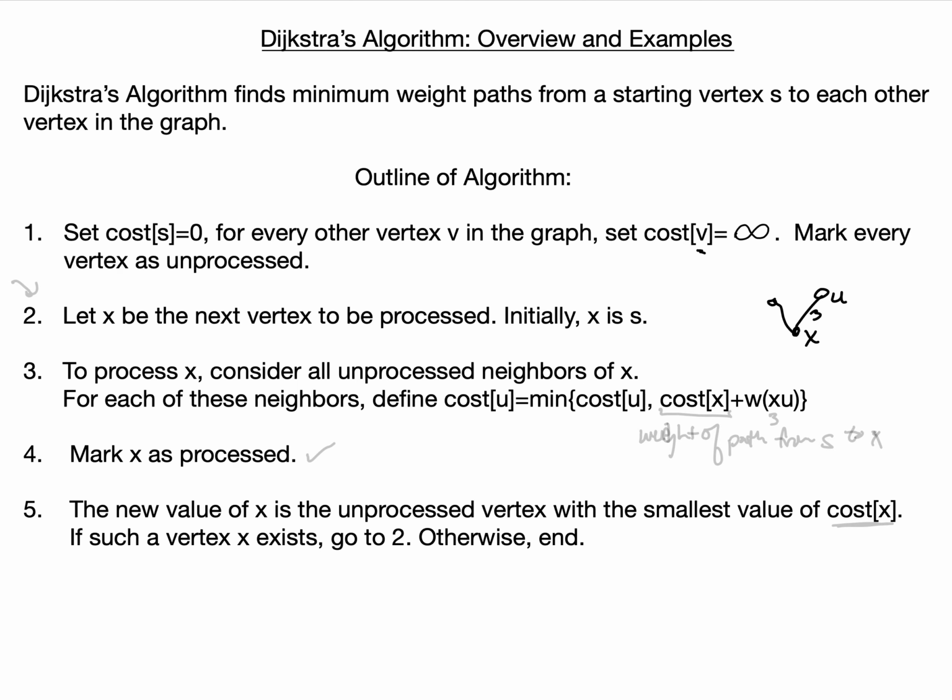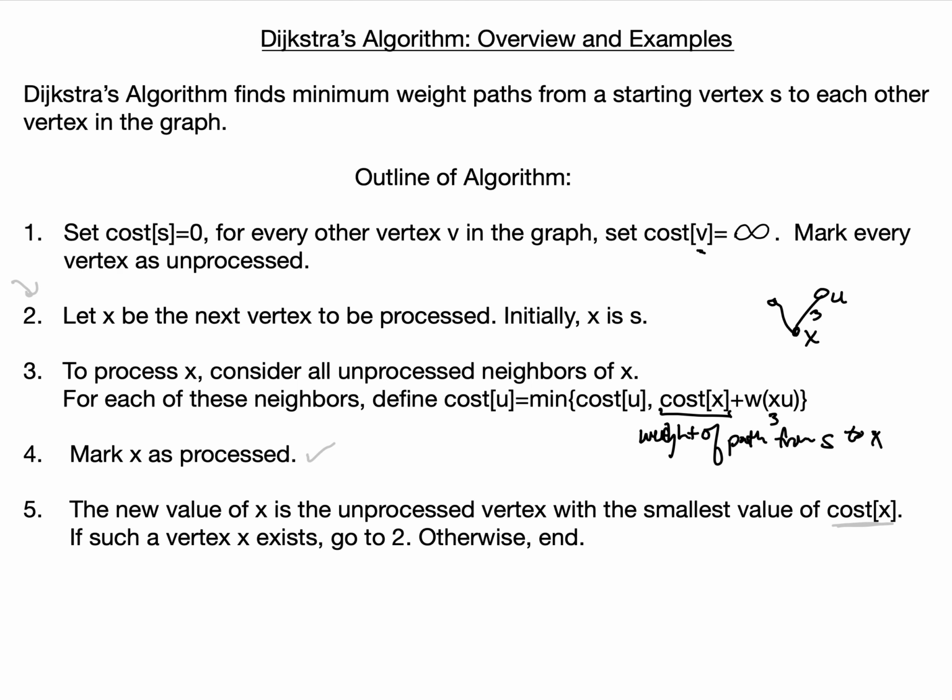So this is the weight of the edge XU, and this is the cost of the path from S to X. So this is the weight of the path from S to X. So for each unprocessed neighbor U of X, the current cost, that is the current minimum weight path that we know of so far from S to U, is the minimum of those two values.